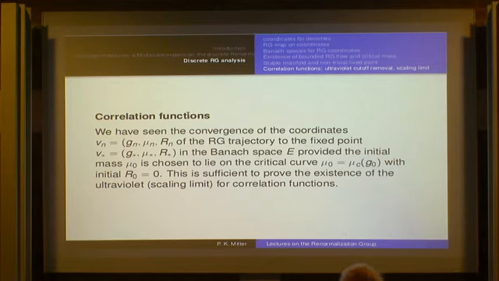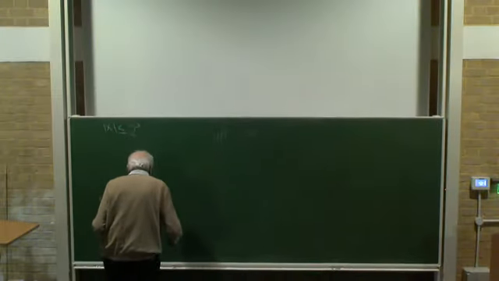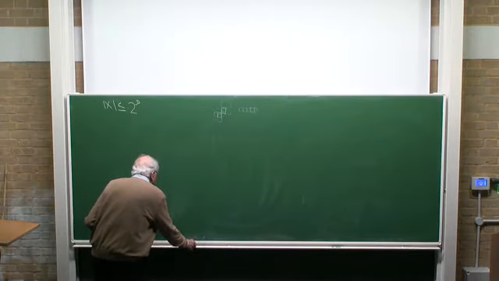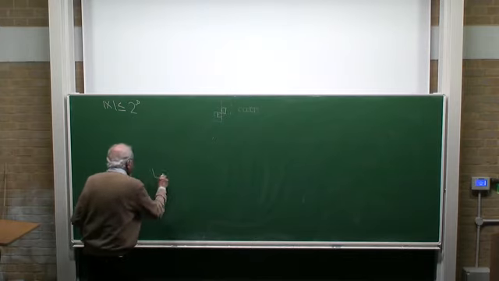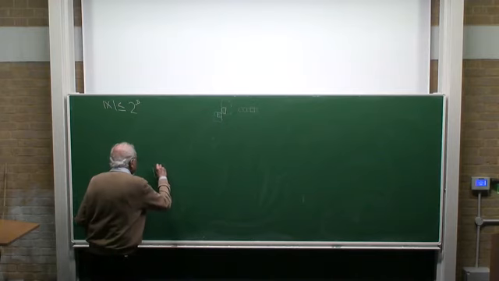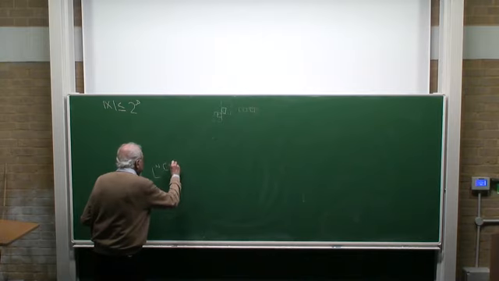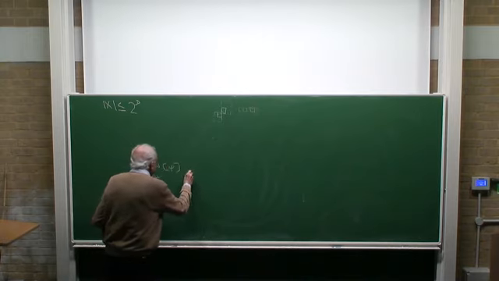For instance, from the point of view of statistical mechanics, the scaling field would be something like L to the n phi, but phi is not yet the scaling field.